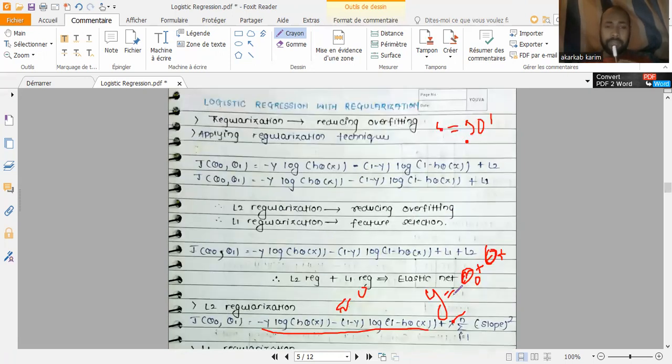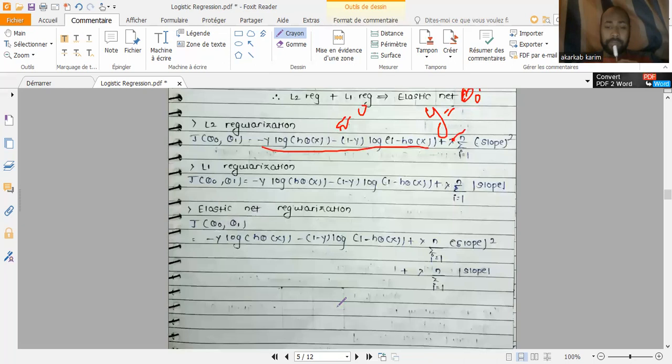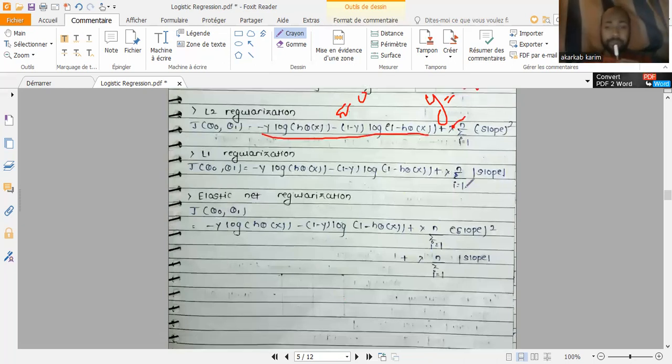So let me do something here. In my model, for example, I can have more than one feature.